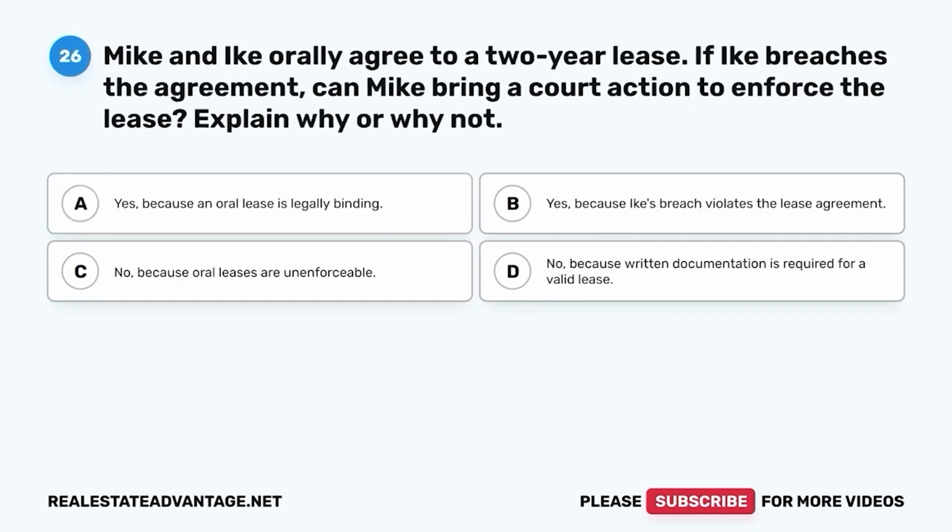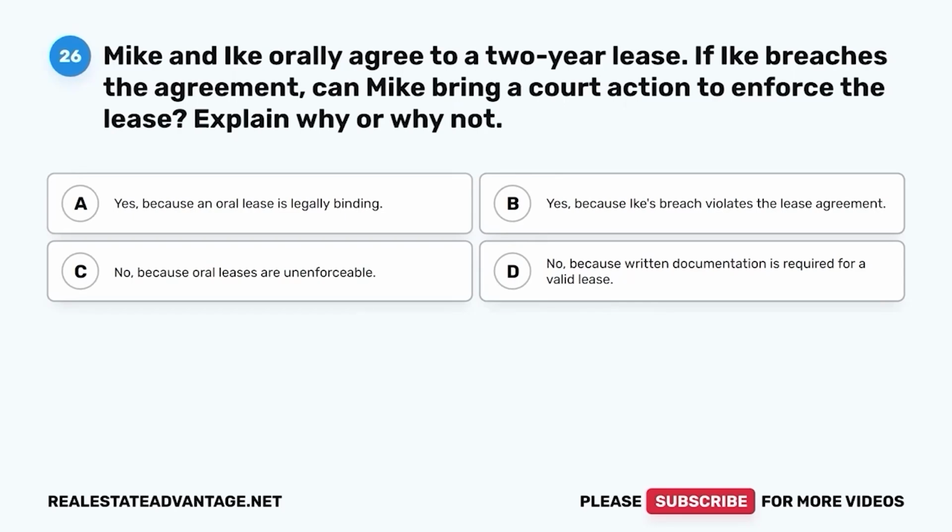Question 26. Mike and Ike orally agree to a 2-year lease. If Ike breaches the agreement, can Mike bring a court action to enforce the lease? Explain why or why not. A. Yes, because an oral lease is legally binding. B. Yes, because Ike's breach violates the lease agreement. C. No, because oral leases are unenforceable.